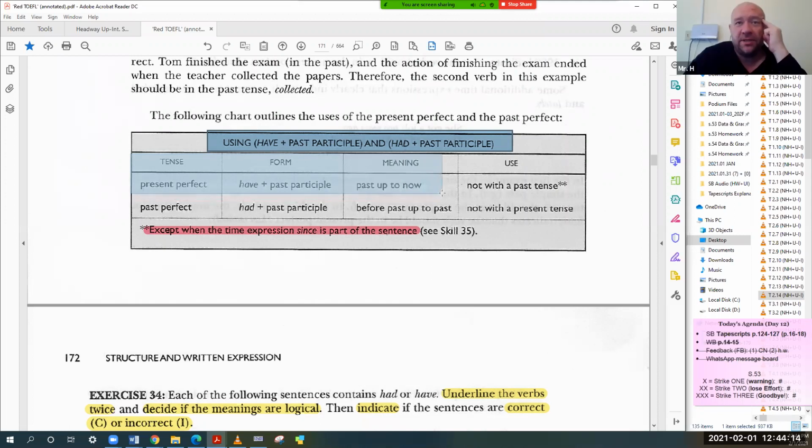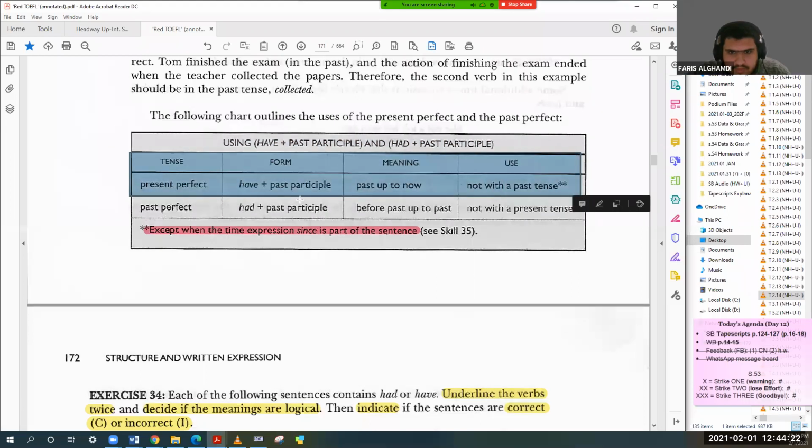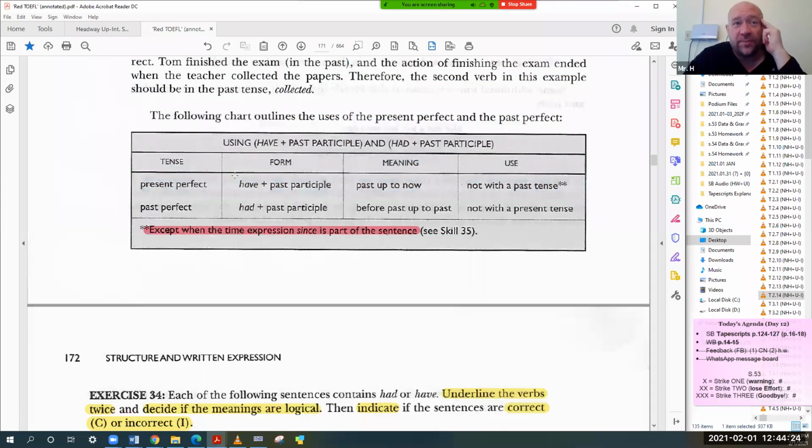What does it mean? Past up to now. And how should we be careful? Do not use it with a past tense. Exactly. Never use this formula together with a past tense. Okay? Mustafa, do the second one. Tense: past perfect. Form: had plus past participle. Meaning: what does before mean?